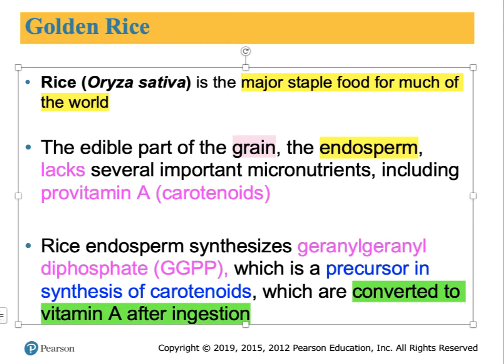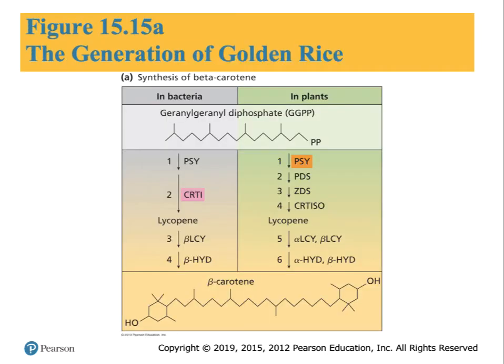What scientists learned is that the endosperm does synthesize a chemical, geranylgeranyl diphosphate, GGPP, and that is a precursor to the synthesis of these carotenoids, which can then be converted to vitamin A inside the consumer.